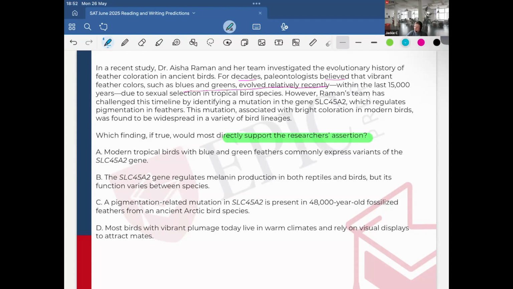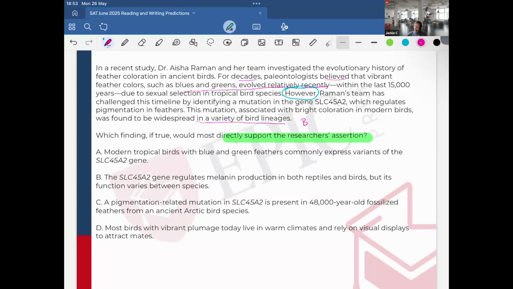But then look, another shift. However, Raymond's team has challenged this timeline by identifying a mutation in the gene SLC45A2, which regulates pigmentation in feathers. This mutation, associated with bright coloration in modern birds, was found to be widespread in a variety of bird lineages.